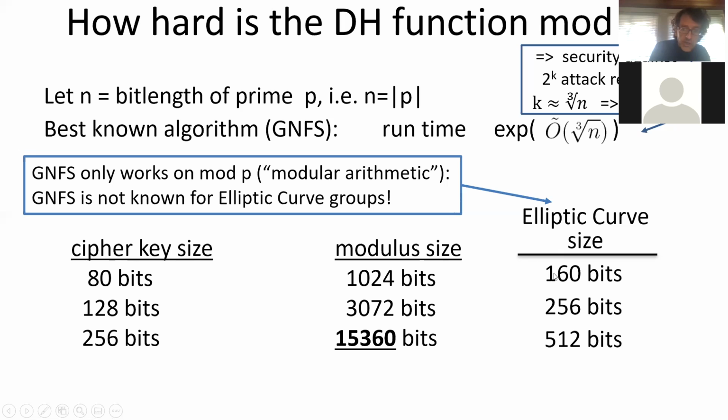So if there are 2 to the 160 elements in the group, you take the square root of that, you get 2 to the 80. And these generic algorithms are lower bounds on how big you need the group to be to achieve a certain security parameter. But this growth is at least linear together with the security parameter, right?